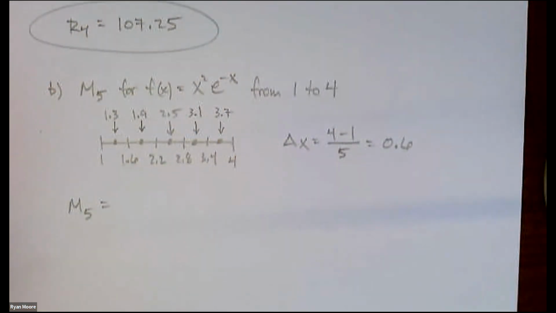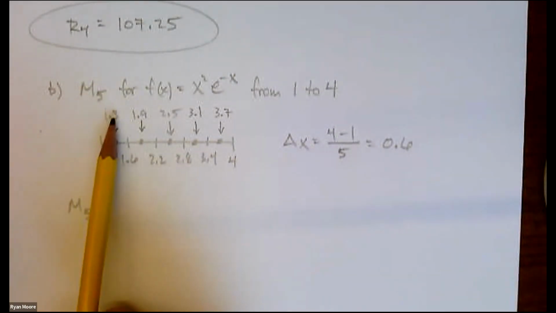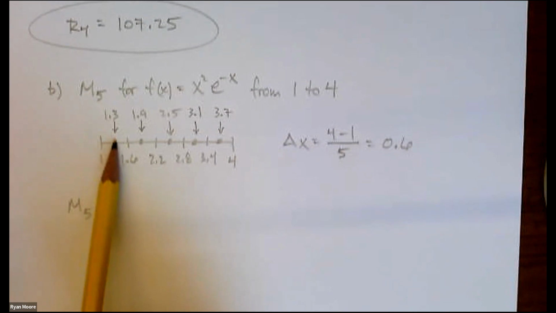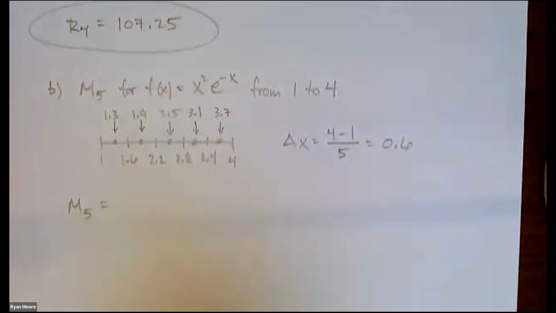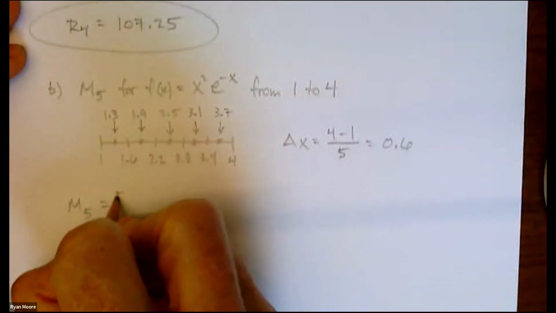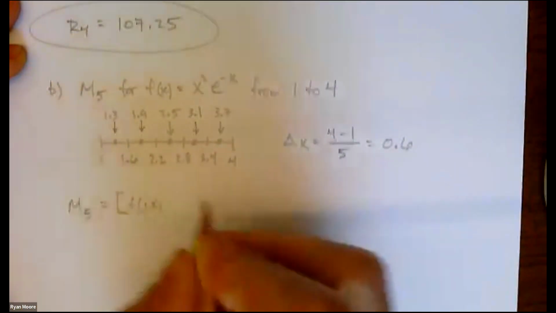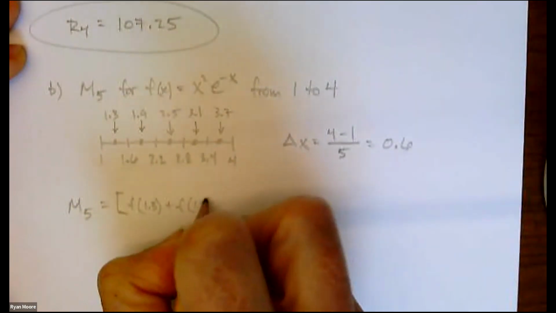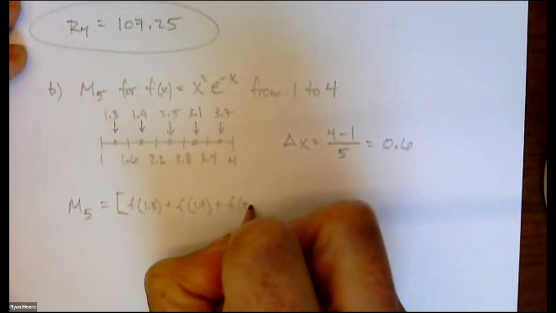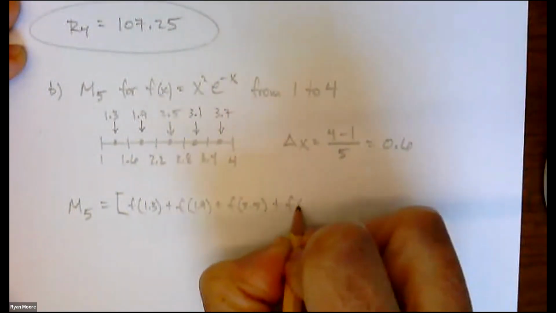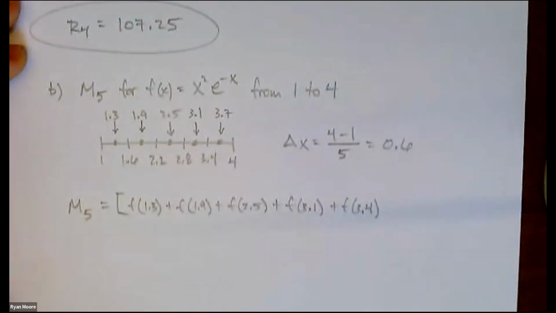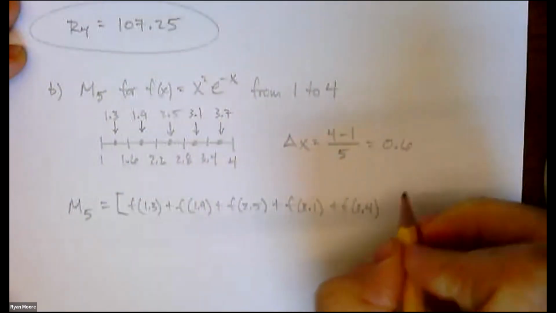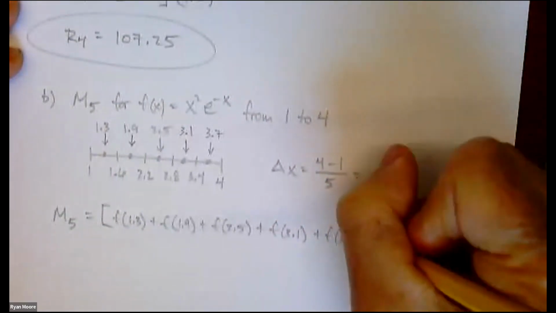If we wanted to find M5, we'd find the height at each of these midpoints and multiply it by the width. But of course, we could factor that out. Why don't we do f of 1.3 plus f of 1.9 plus f of 2.5 plus f of 3.1 plus f of 3.7.